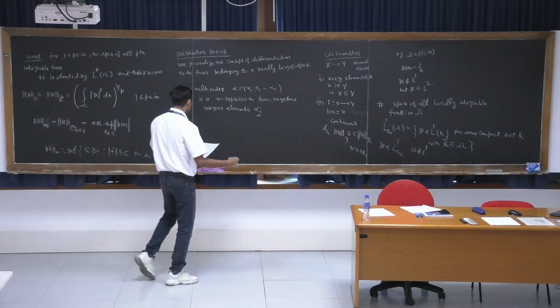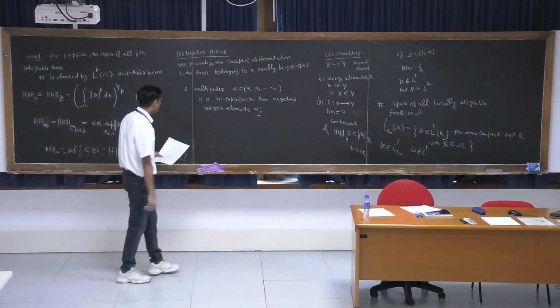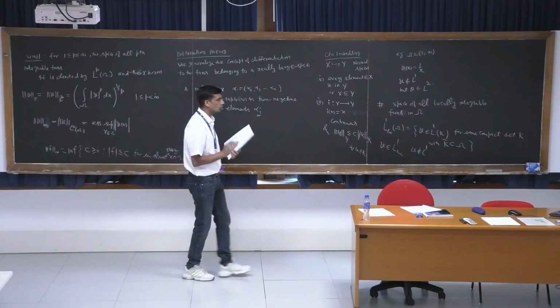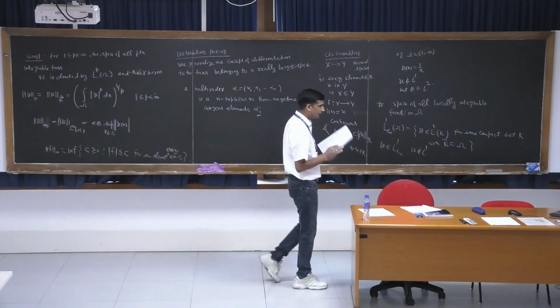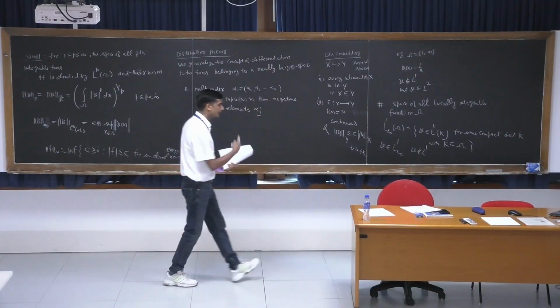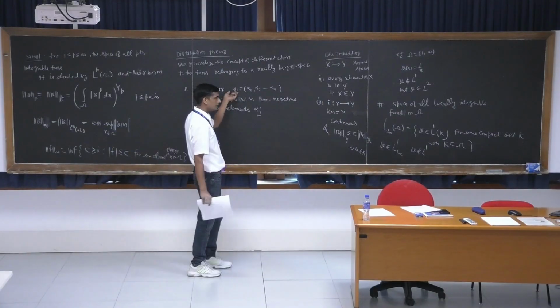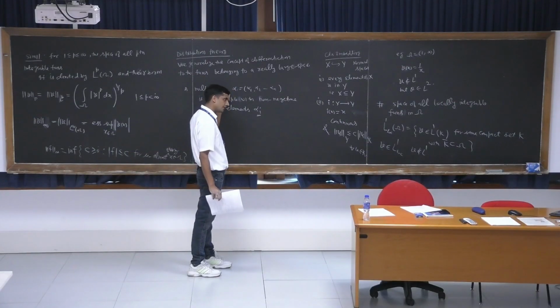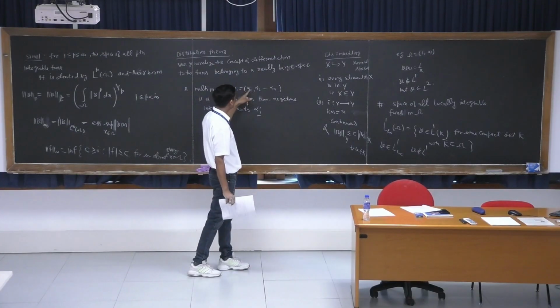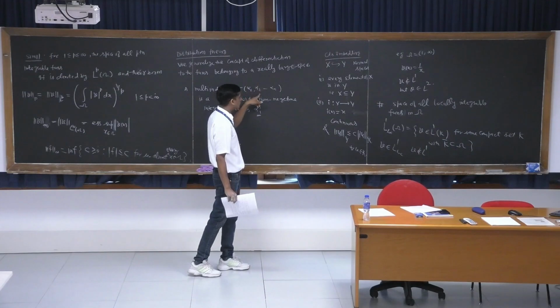Now, to define the order of a derivative in distribution theory, suppose I talk about the alpha order. The value of this order is the modulus of alpha, equal to alpha 1 plus alpha 2 plus up to alpha n.